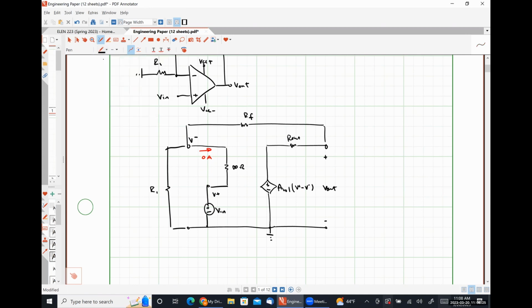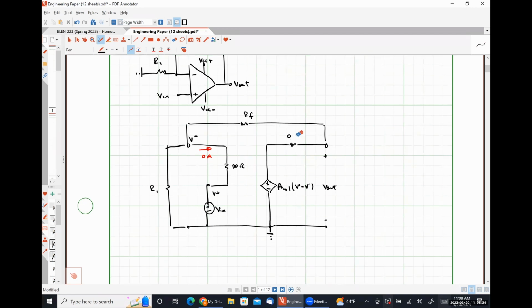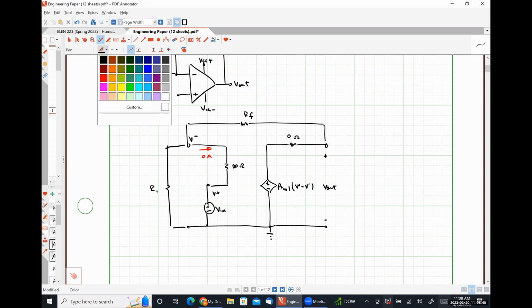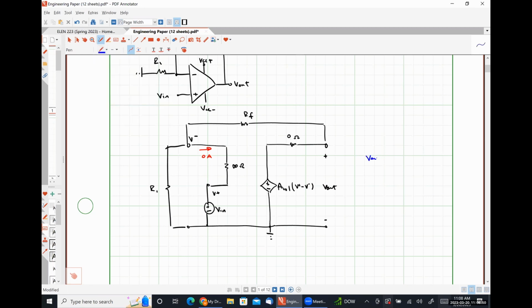R out over here is supposed to be 0 ohms, not 0 volts, which means V out is exactly equal to AVOL times V plus minus V minus, right? Positive polarity on top.